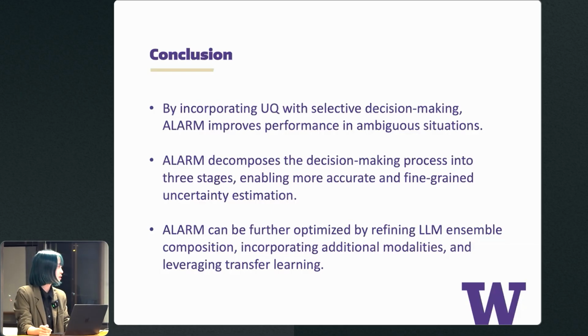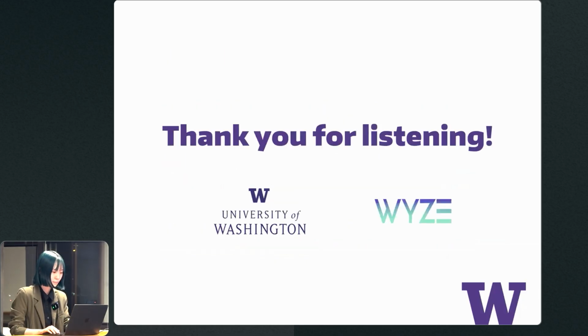But we also think that our ALARM can be extended to tabular data and text data, since the 3-stage LLM reasoning chain is very similar to the human's decision-making cognitive process. And also, we can use transfer learning on the ALARM framework so that we can apply ALARM to other domains.